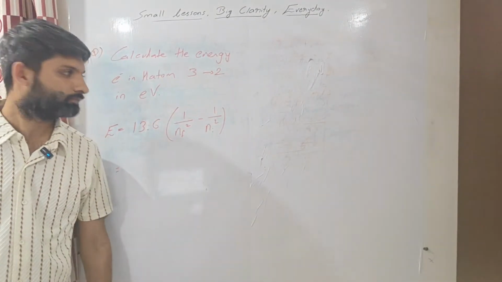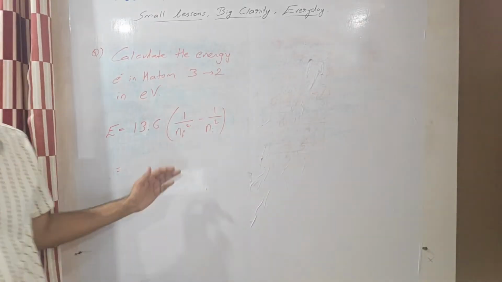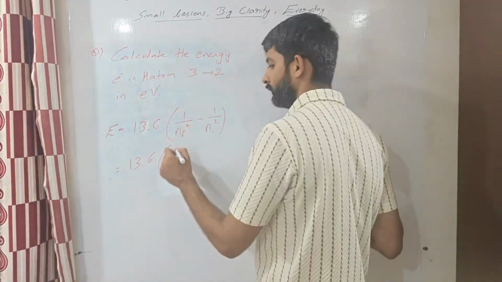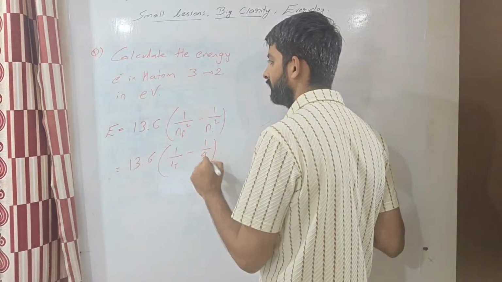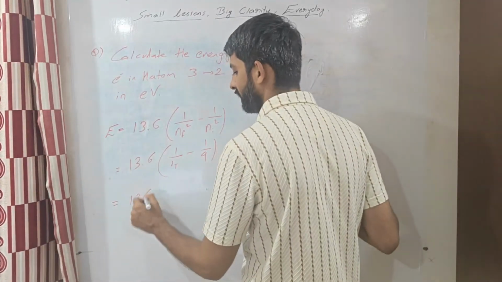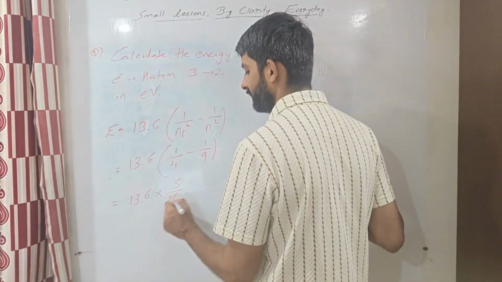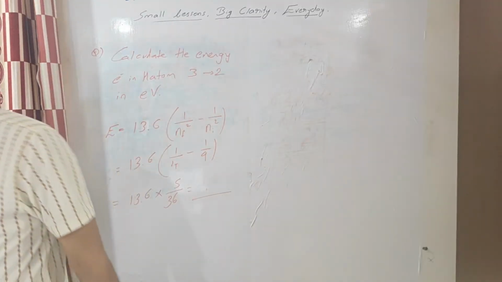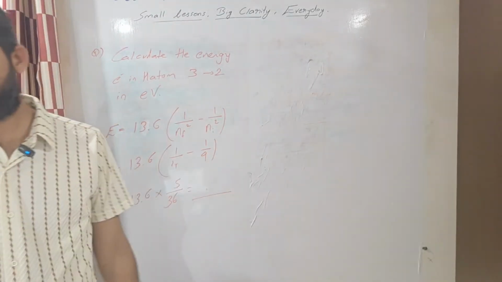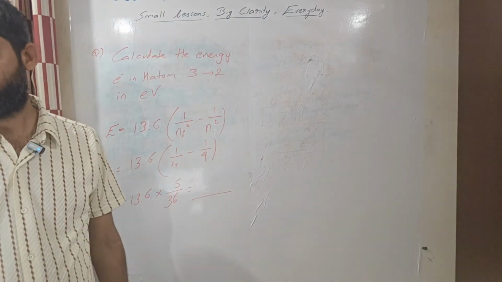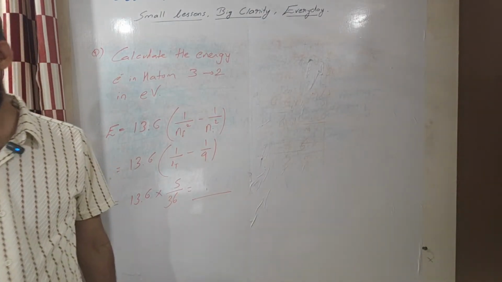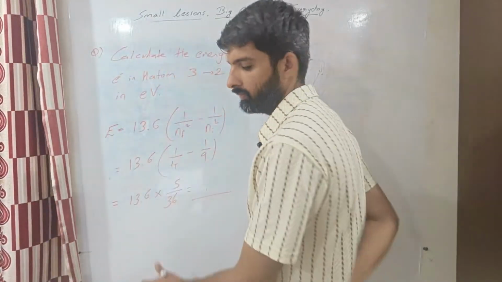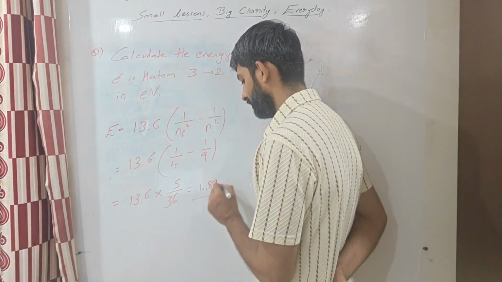Still not getting? You just need to put the values. 13.6, your final is 2, so 1 upon 4 minus 1 upon 9. So it will be 13.6 into 5 by 36. It will be around 1 point something. Exact answer is 1.89 electron volt.